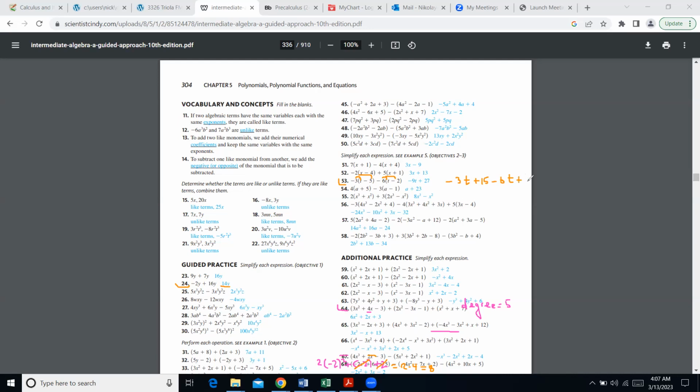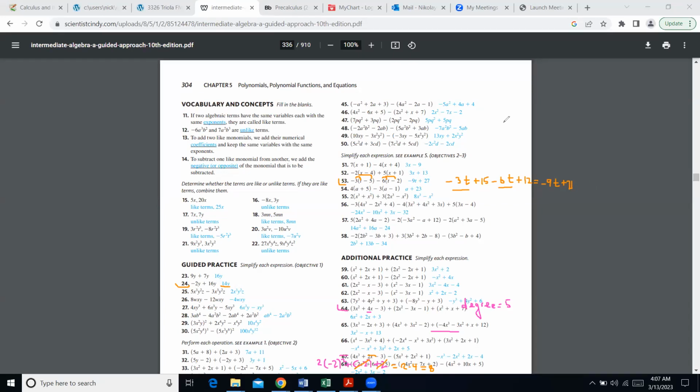So once I have taken care of parentheses, because they have priority, then I will be collecting those like terms. So when I do this, I get negative 3 minus 6, which is negative 9 times t, and then 15 with 12. When I add those, this will be positive 27, right? So here we have the answer.